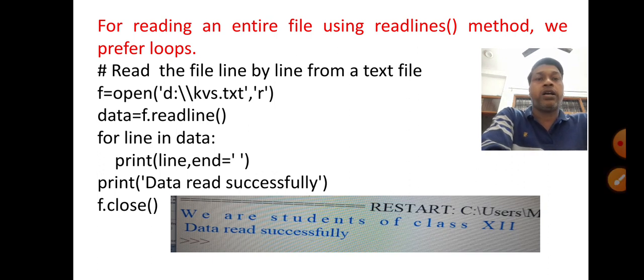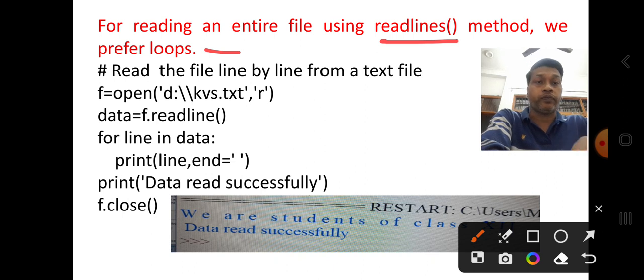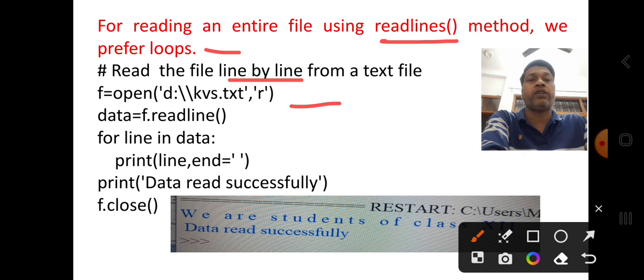Now we are reading the entire file using the readline method with the help of loops. Read the file line by line from a text file. f is equal to open kvs.txt in file read mode, data is equal to f.readline.